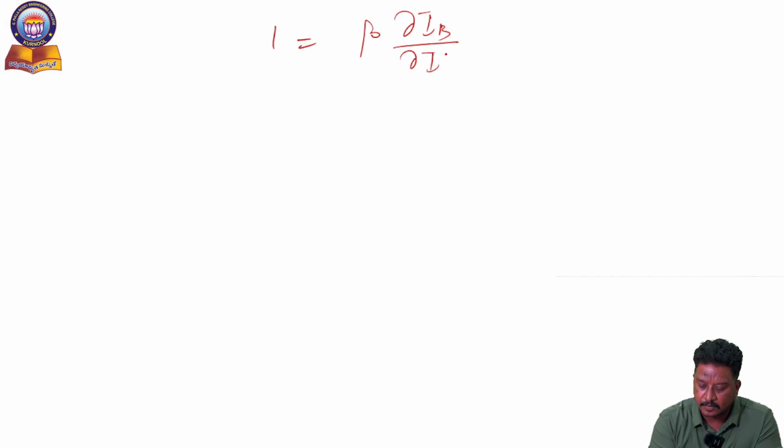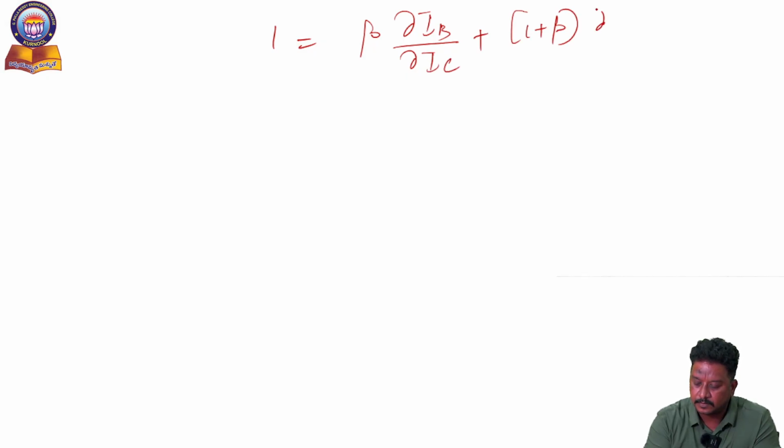So once again I am trying to highlight that equation. 1 is equal to beta into change of IB by change of IC plus 1 plus beta into change of ICO by change of IC.